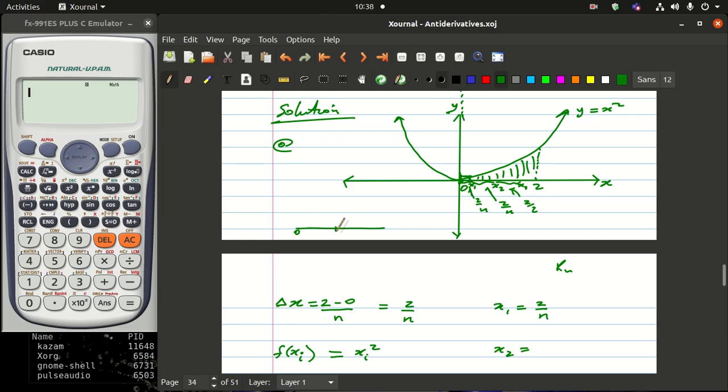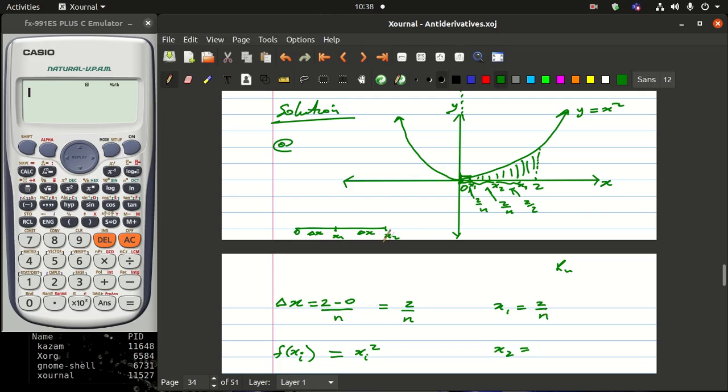To move from 0 up to x1, this part here is delta x, and I know my delta x is 2 over n. This is x1, and here we have x2. Moving from here to there must be the same as moving from here to there, so this is also delta x. So from 0 plus this, x1 is going to be delta x, which is the same as 2 over n.